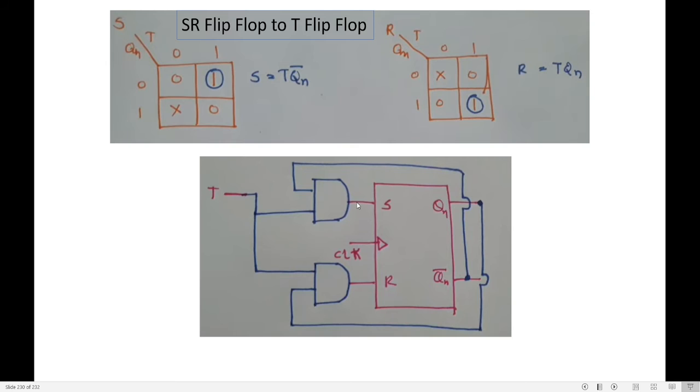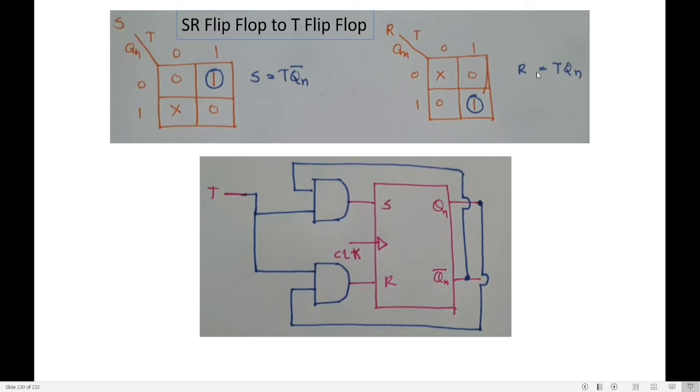So I get the output T Qn bar here. So the S input is connected to T Qn bar. This is my T, this is my Qn bar, and I am connecting them with an AND gate so that I get the output T Qn bar, which is connected to S. Done.